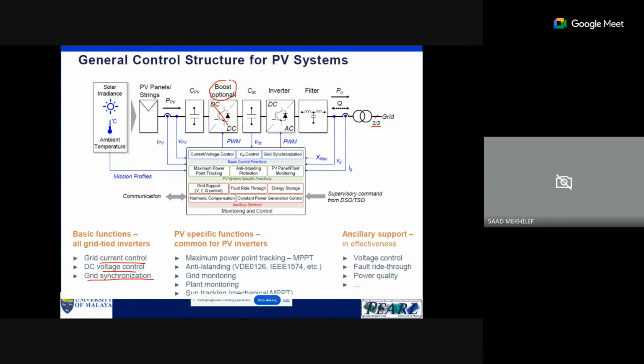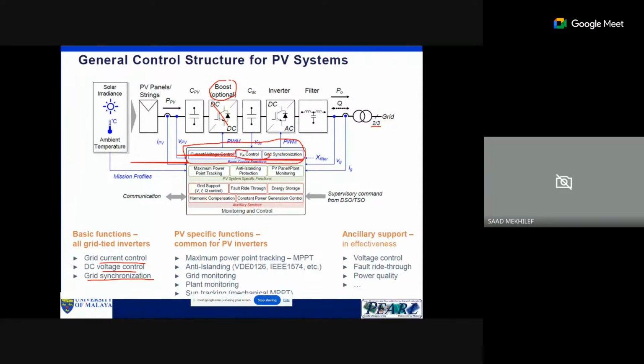This is the basics and the minimum to have for a grid connected system: current control, DC bus control, and grid synchronization. This is the first layer, the basic functions of any grid connected PV system.